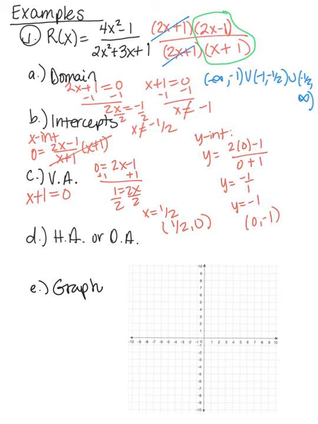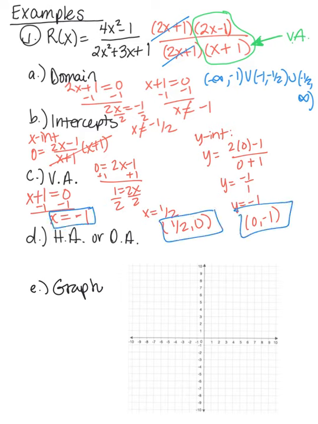So whatever is left over in this denominator is going to solve to be the vertical asymptote. Okay, so finish solving it here. I'm going to subtract my 1. So x is going to equal negative 1. And I'm going to leave that as an x equals because it's actually a line. Oh, sorry, I didn't box those last intercepts in.